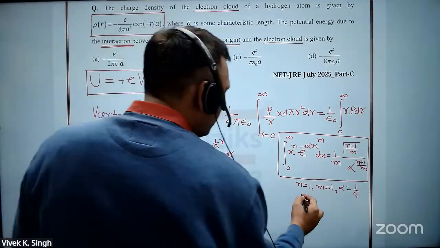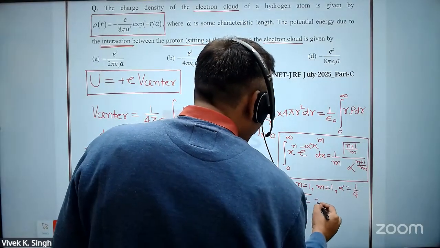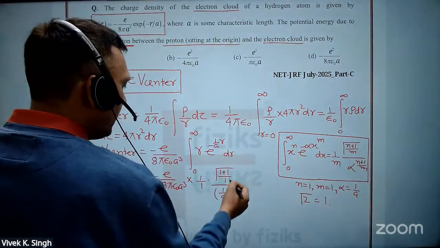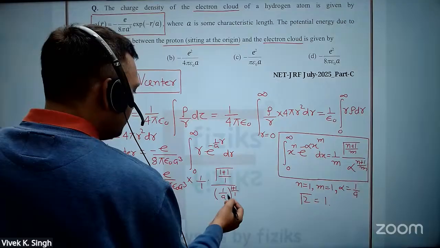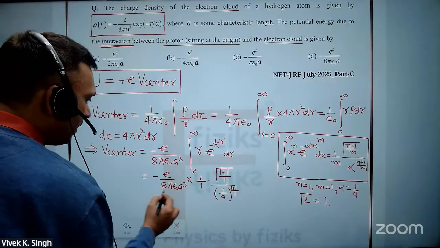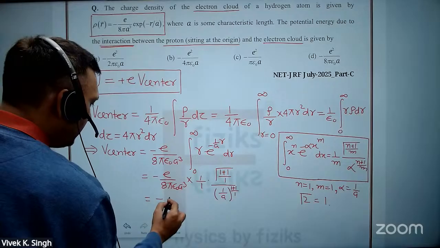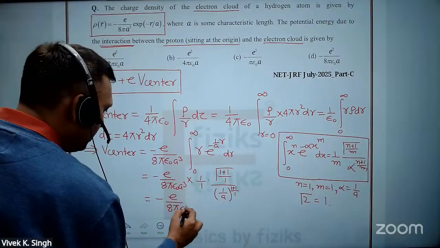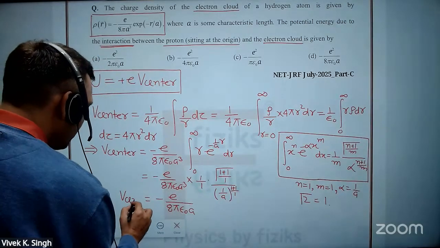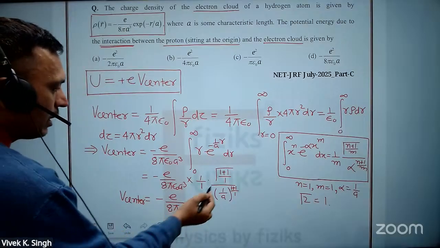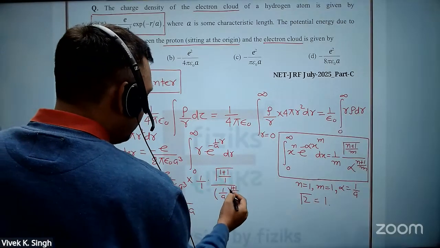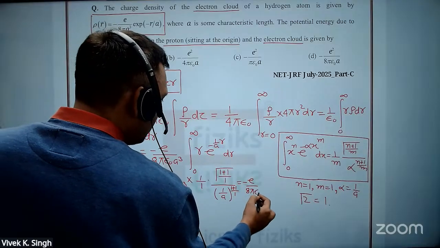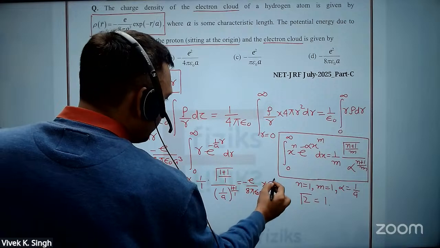And gamma 2 is simply 1. So this becomes a square. So if you multiply with a square, this is minus e by 8 pi epsilon naught a. This will be the potential at the center. Take gamma 2 as 1. So you will see here minus e by 8 pi epsilon naught a cube into a square.